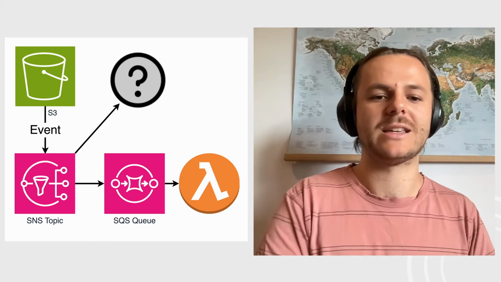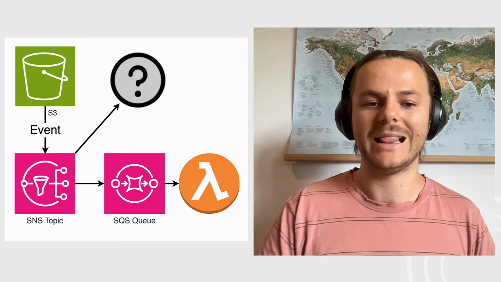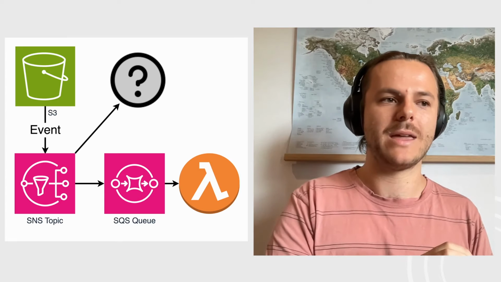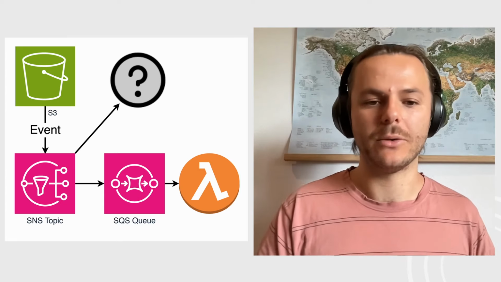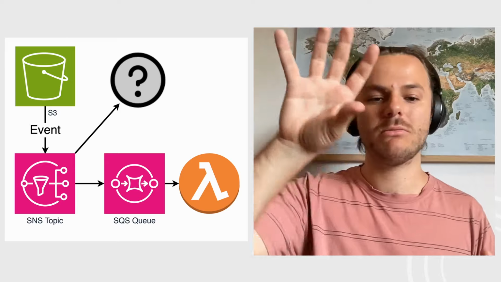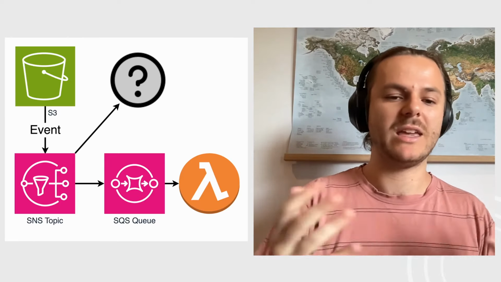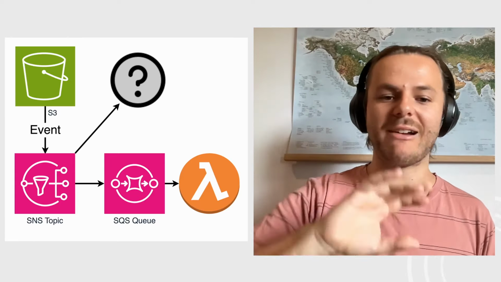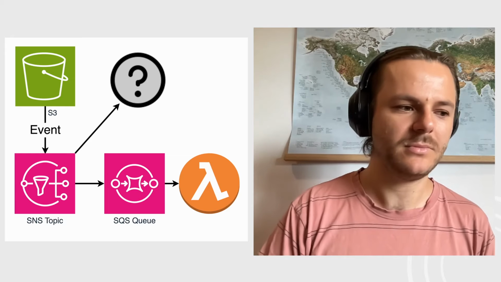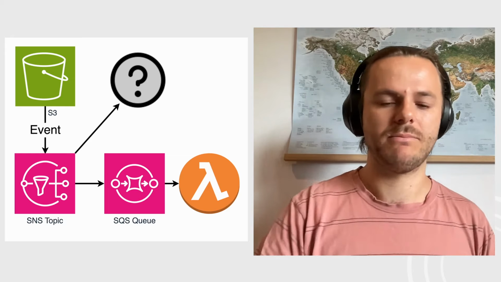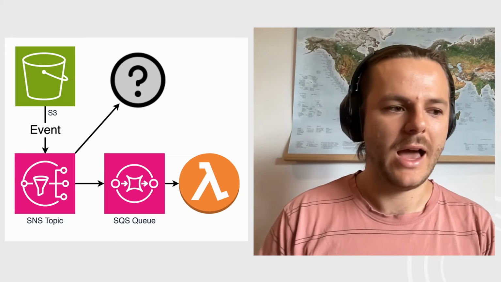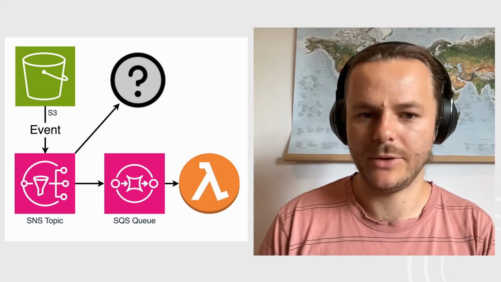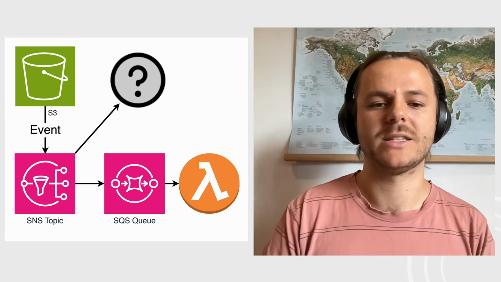You're just throwing in an SNS topic, it's no big deal, but it allows us in the future to subscribe something else to this topic. Maybe another queue, some other automation, any other integration, a Step Function, a direct Lambda function, it doesn't really matter. But we're just going to subscribe our SQS queue, which protects us in the future. So that's a typical pattern that I like to use.